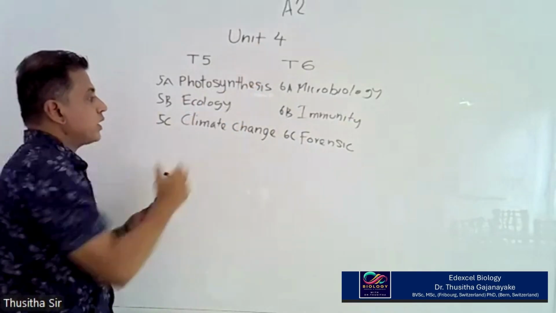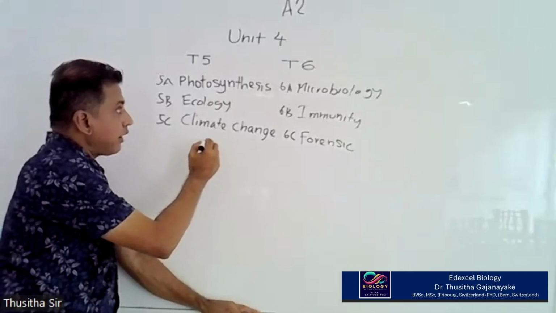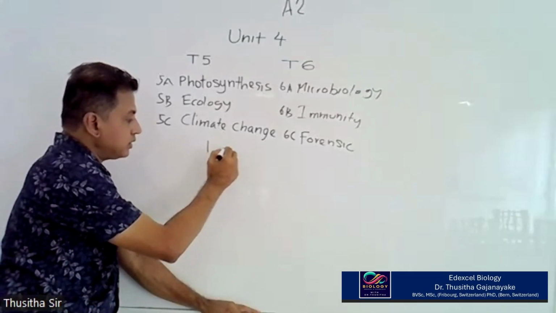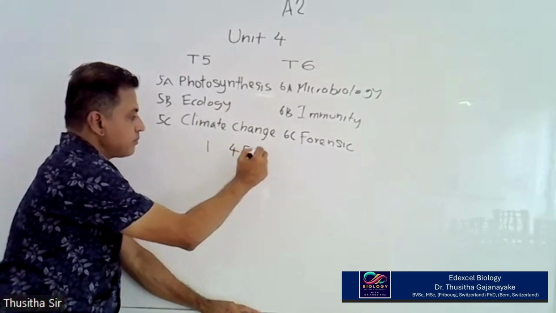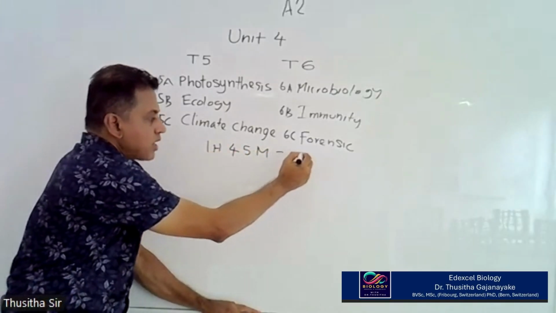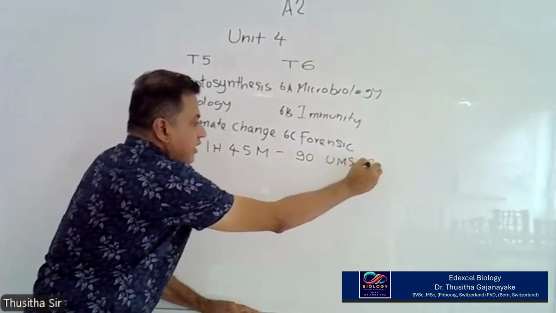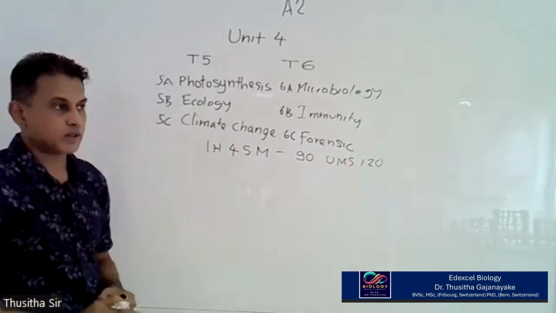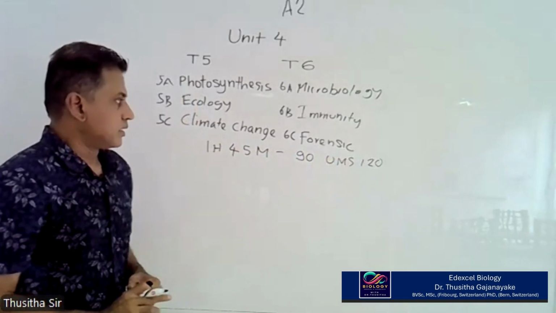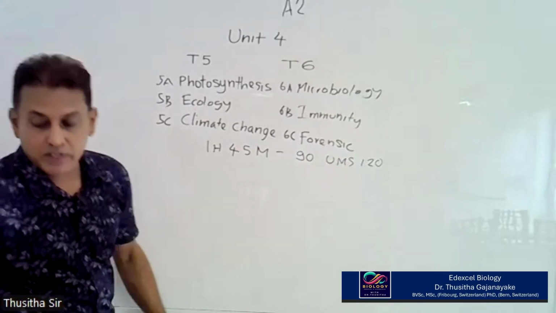So the assessment for Unit 4: the paper is 1 hour 45 minutes, and the total raw marks are 90, and the UMS mark is 120. The rest of the units I will also add here.